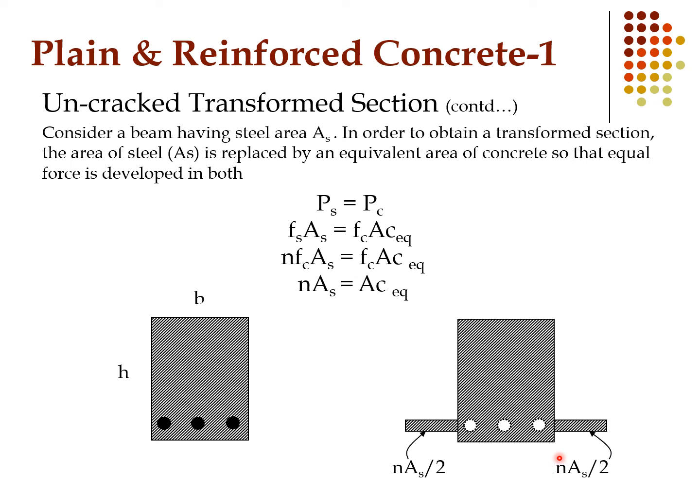Again remember, we will not show that physically, you cannot see any beam physically extended outside. This is just for analysis purposes, just to show that half of the equivalent area of concrete is provided on this side and half will be provided on that side in order to consider a transformed section.